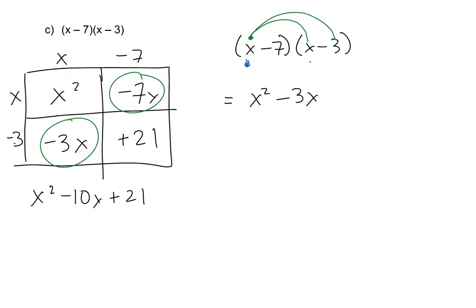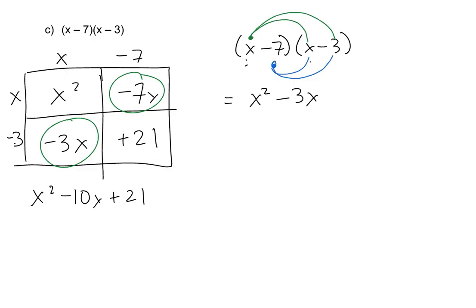Oh sorry, I picked the wrong one. Sorry. We're going to start at negative 7, and we're going to distribute that to the x, and then we're going to take this negative 7 and distribute it to the negative 3.